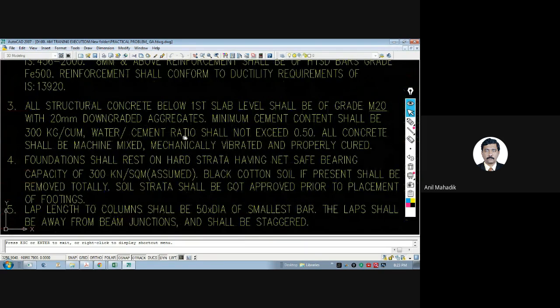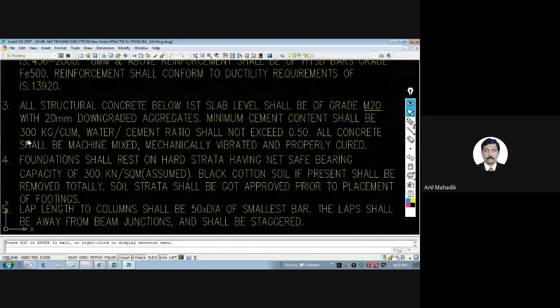So we are giving the standard details, minimum cement content as per code 300 kg per m cube. Then water cement ratio 0.5 maximum. And it shall be machine mixed. So you should use a mixer for preparing the concrete, either site mix or ready mix concrete, RMC. And mechanically vibrated and properly cured. So you should compact it using a vibrator, and curing should be done at least 7 to 10 days for the concrete. So these are standard notes.